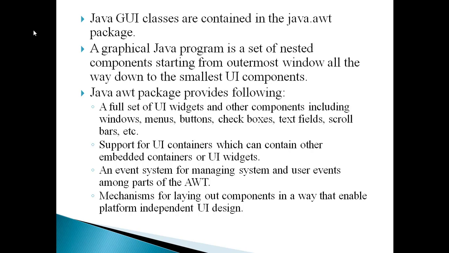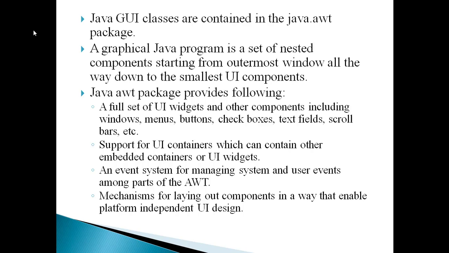The Java AWT package provides the following: a full set of UI widgets, user interface widgets, and other components including windows, menus, buttons, checkboxes, text fields, scroll bars, etc. Support for user interface containers, which can contain other embedded containers or UI widgets.